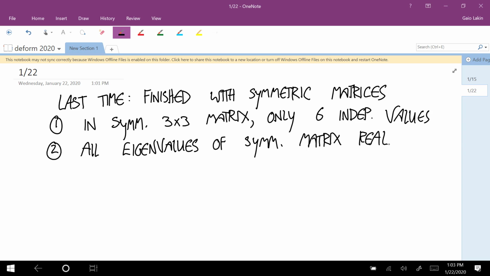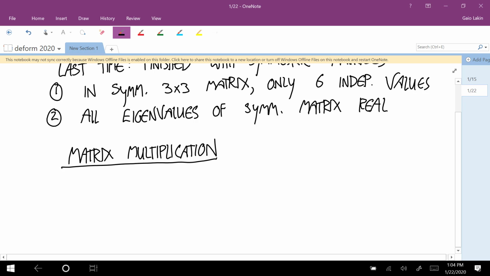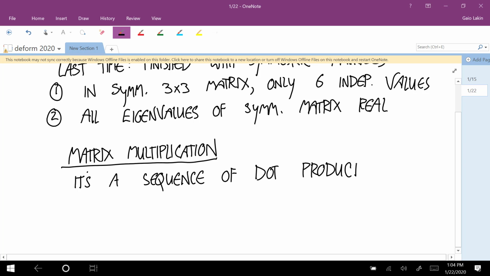Okay, so the next thing we have to talk about is matrix multiplication. You can think of matrix multiplication as a sequence of dot products. And in fact, using matrix notation, you can write a dot product.